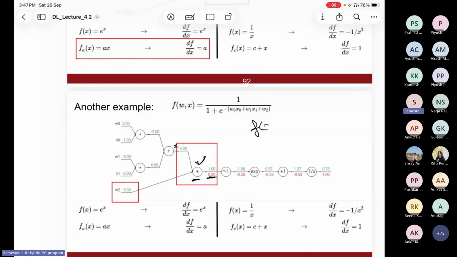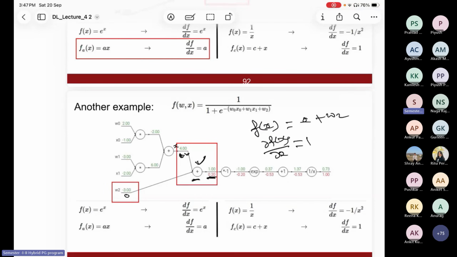The local function is f(x) equal to x plus W2. Addition. And in the case of addition, what would be the local gradient? If you are just adding two variables, and I find del f by del x, what would be the answer? 1. So your local gradient is 1. And upstream you are getting 0.20. Okay. So 0.20 into 1 will give you 0.20.